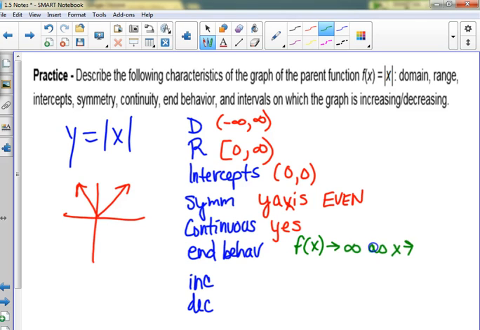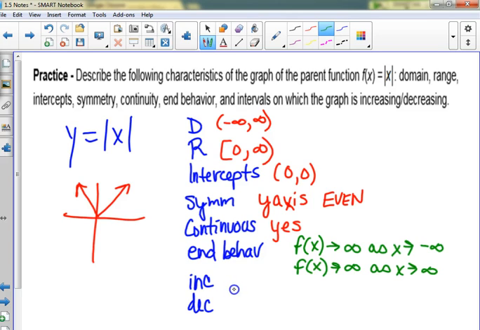As x approaches, I'm going to do the left side first, f of x approaches infinity, also as x approaches positive infinity. I don't care if you use y instead of f of x. I don't care if you put the x approaches in front. I just want to know that if I put blanks on a quiz, you could do whatever notation I give you, or however you want to do it. I will count it right. Any questions about end behavior?